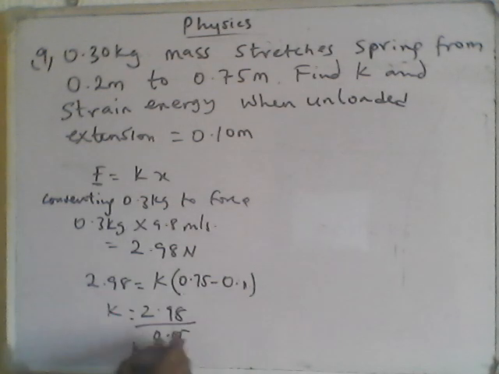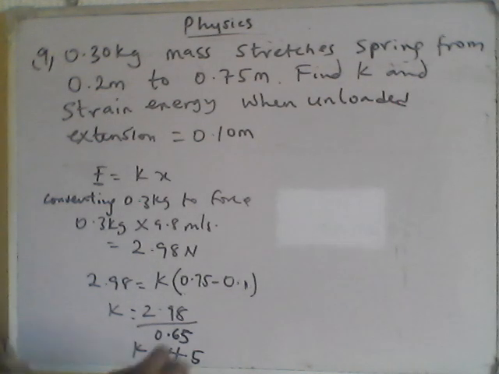So I have this as 0.65 here. So K is going to be 2.98 divided by 0.65, which will give us 4.52 Newton per meter. Okay, so this is for K.